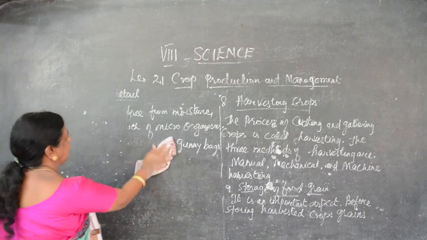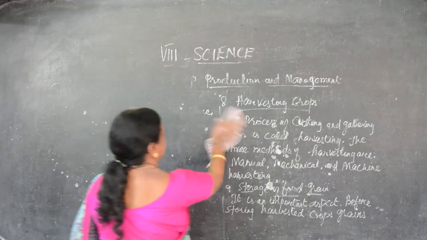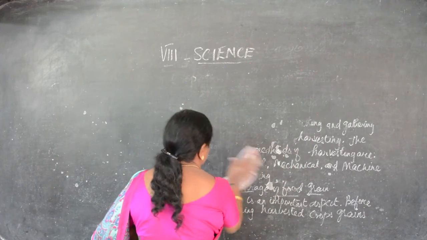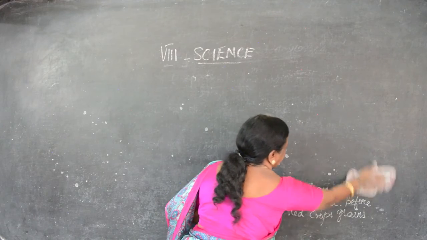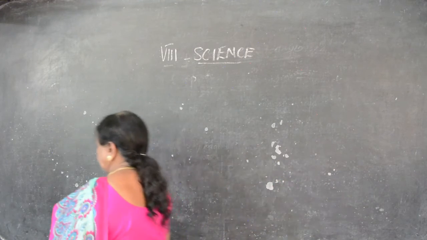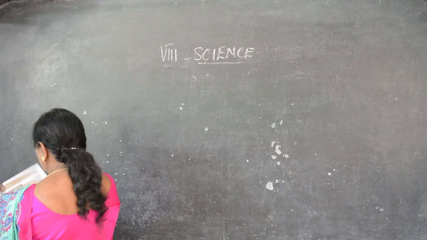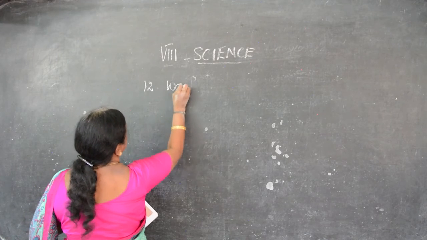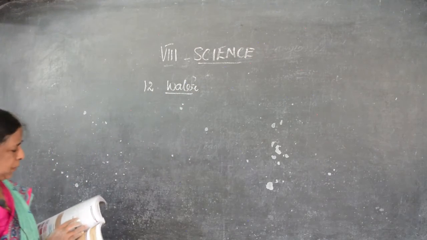We are going for the new lesson. The incomplete things, already I gave everything, only I have to give the detailed answer, I hope so. Anyhow, let me recall what all I gave for you. Lesson number 12, water. The left over questions and answers I have to give.